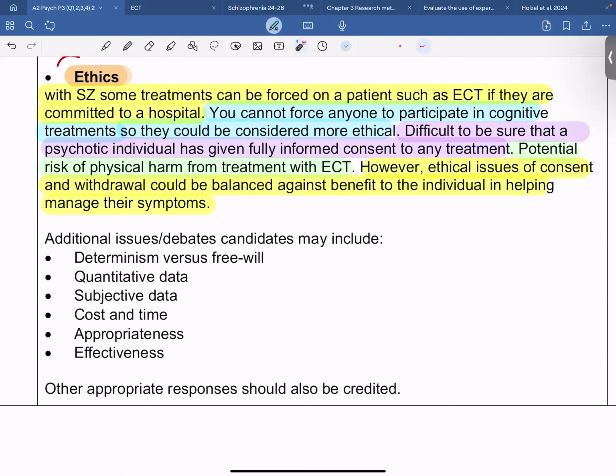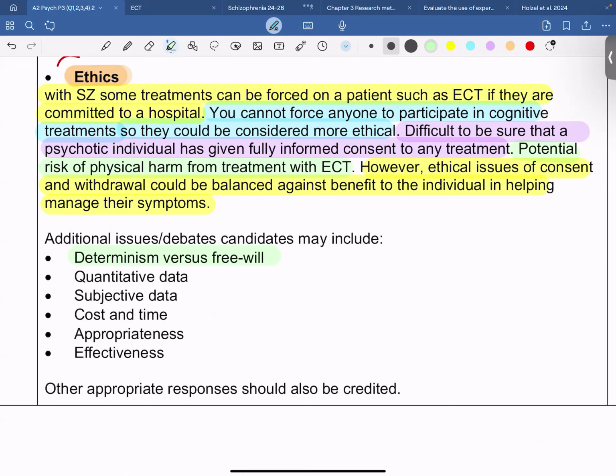So along with these issues and debates, you could additionally use more issues and debates for evaluation. For instance, determinism versus free will. We could say that ECT reflects a biologically deterministic view, assuming symptoms are caused by brain abnormalities, treatable via electric stimulation.